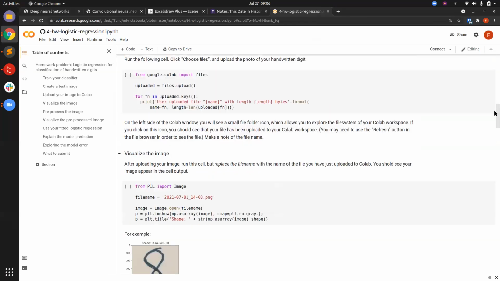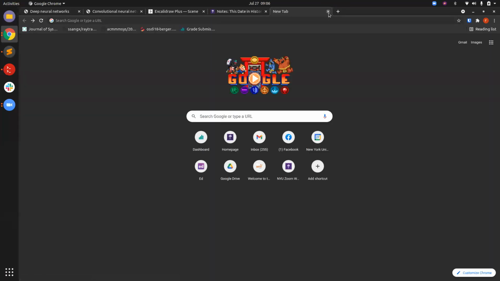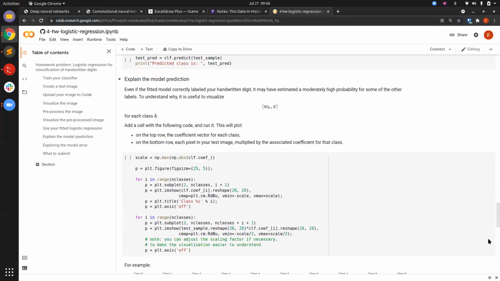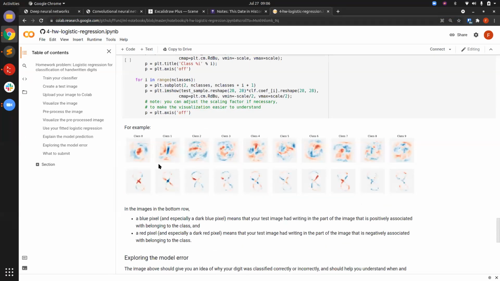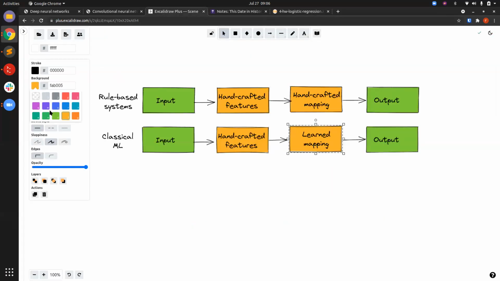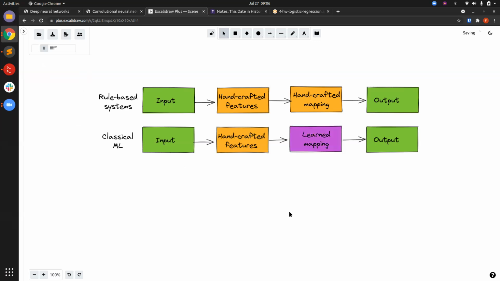The logistic regression classifier learned a series of rules for each class that said, if you have a pixel here, that maps to higher probability of this class. If you have a pixel in this other location, that maps to a higher probability of this other class. So logistic regression and other classical machine learning methods would learn the mapping from feature values to a particular output.